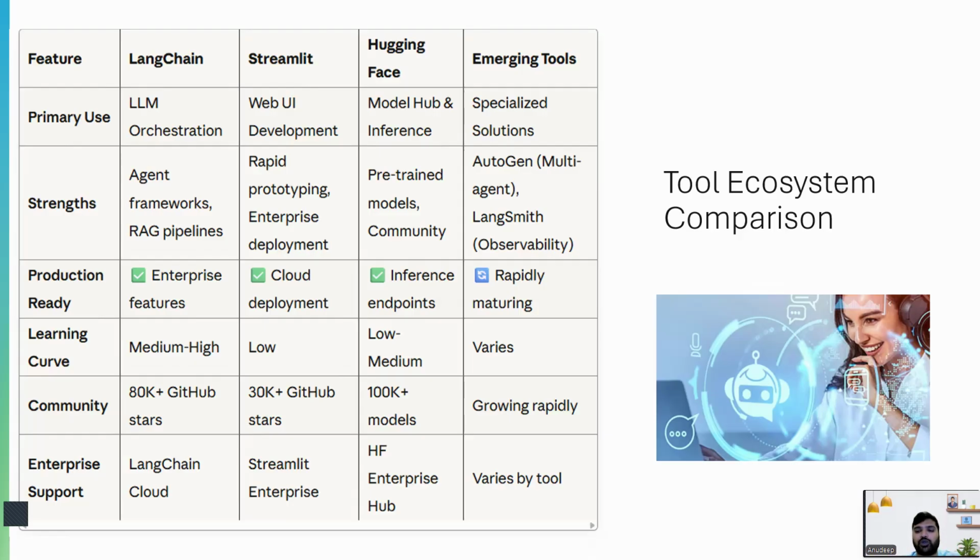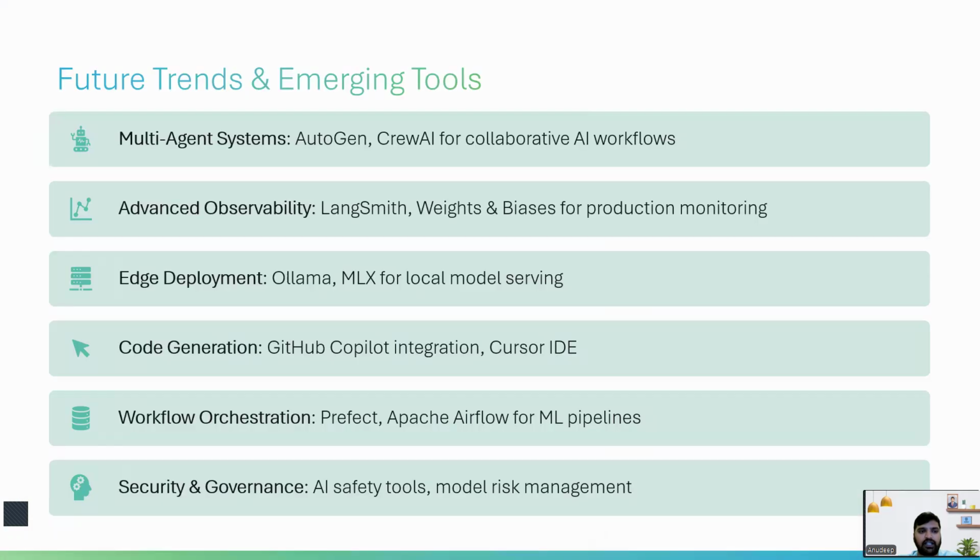For example, AutoGen is for multi-agent collaboration, so AutoGen can help us build agents. LangSmith is for production observability. Arize is another observability tool that is being rapidly adopted. So this is the entire ecosystem that will help us build applications in GenAI.